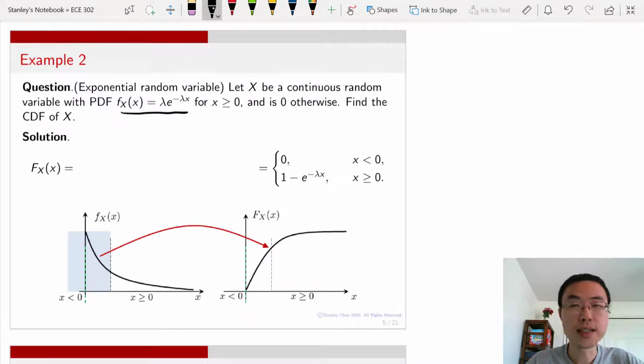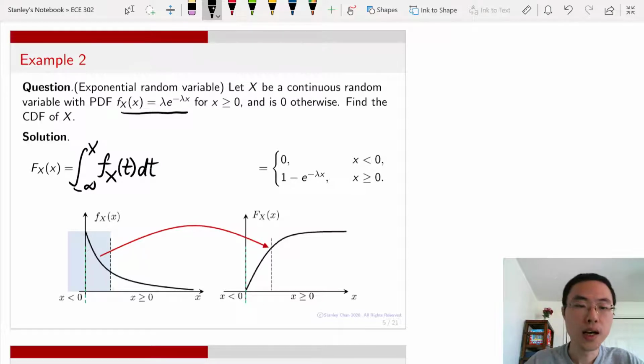Now, you want to find the CDF. The CDF is the cumulative sum of the PDF. And then the cumulative sum has to integrate all the way from minus infinity to the point x, which you are interested in. So how do we define it? Well, it's the integration from minus infinity to x of your fx. Now I change the variable to t because it's a dummy variable. And then how do we calculate this integration?